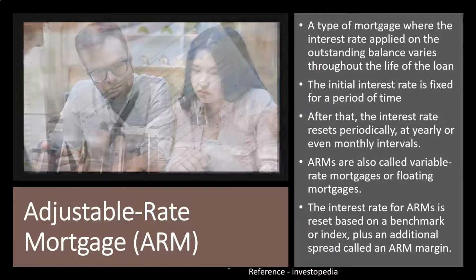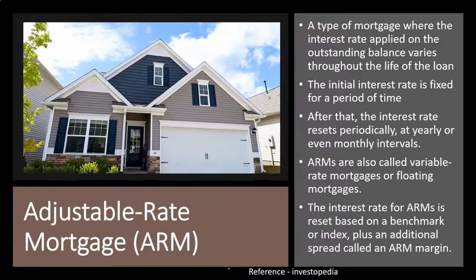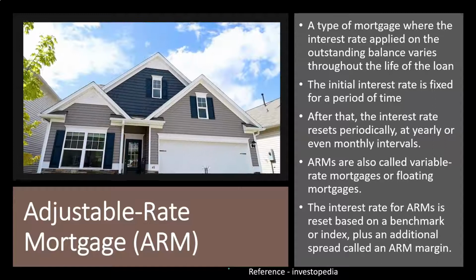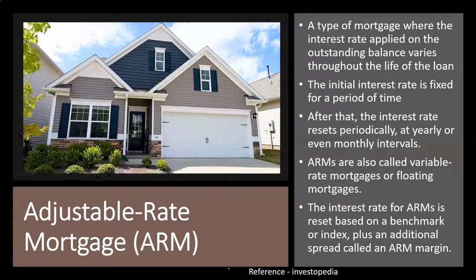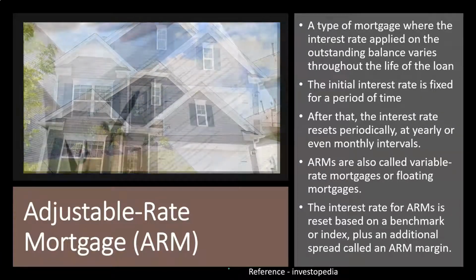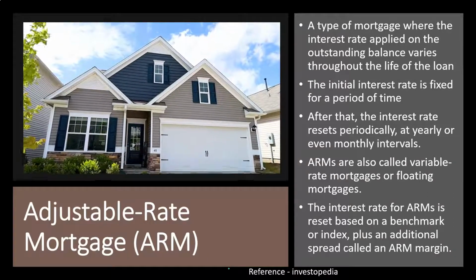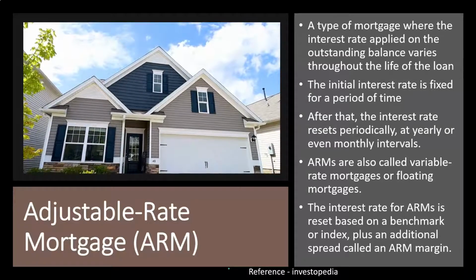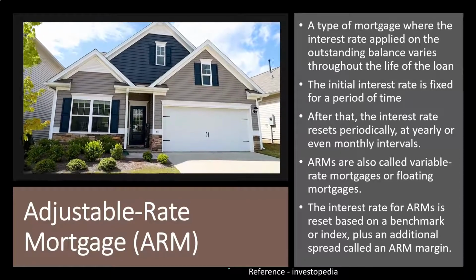The interest rate on ARMs is reset based on a benchmark or index plus an initial spread called an ARM margin. So you might think, well, how does this actually functionally work? Meaning, how are they going to adjust the rates into the future? Do they just kind of guess and adjust the rates? No, there should be an index. The index is not going to be determined by the lender.